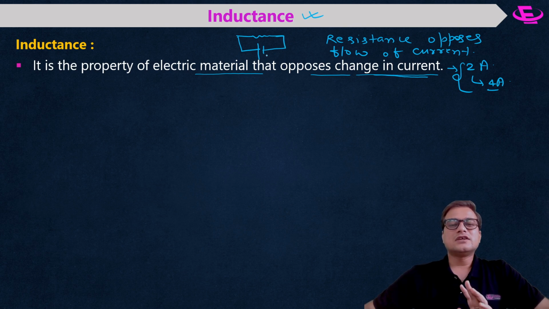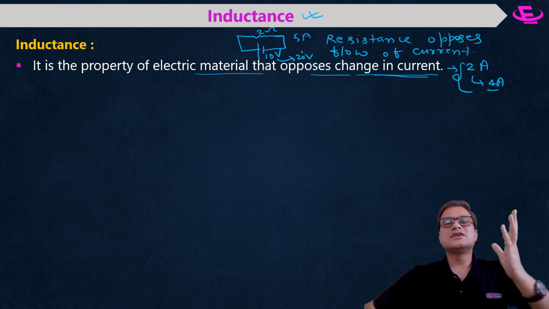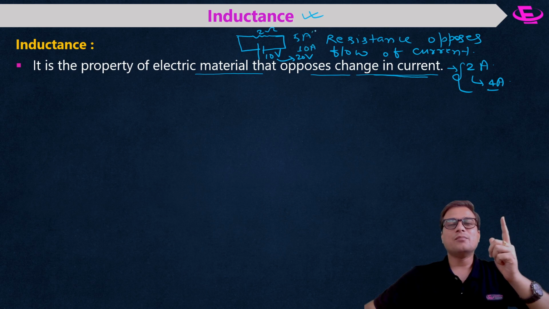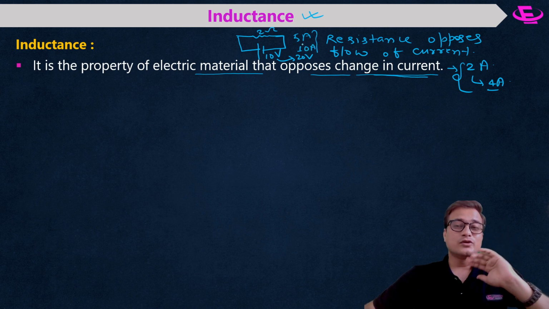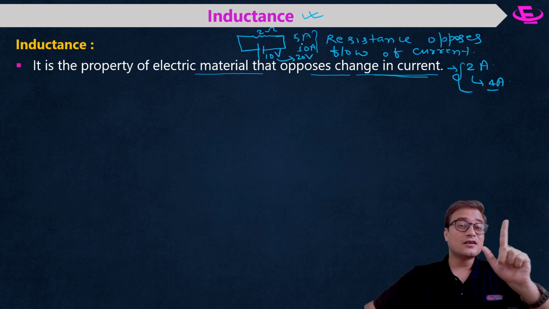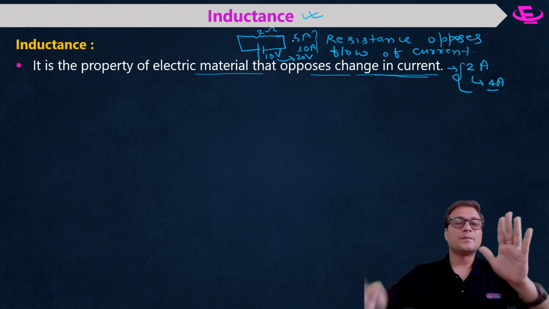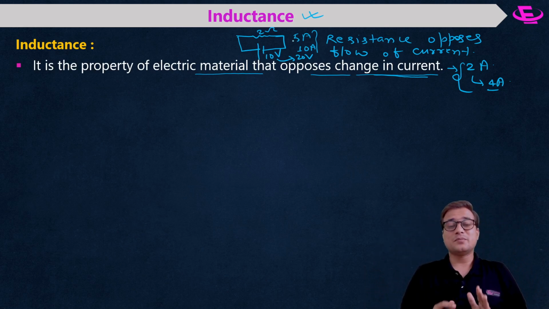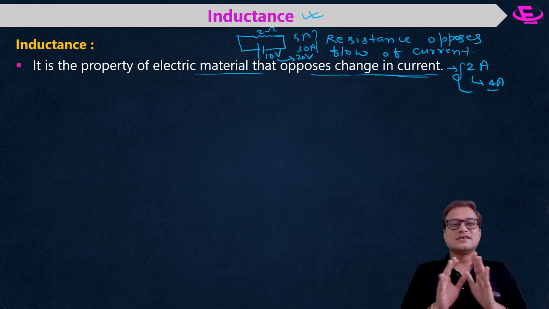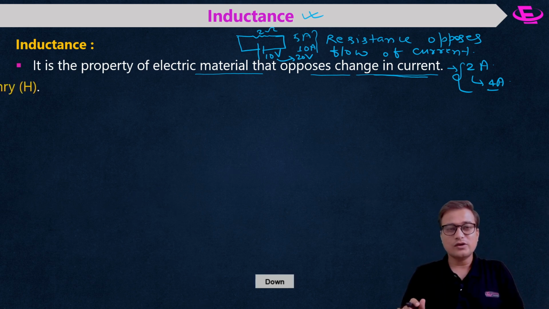If it is 10 volt and 2 ohm, current will be 5 ampere. If you change to 20 volt, the moment you change it, the current will become 20 by 2, that is 10 ampere. So resistance opposes flow of current, but it does not oppose change in current. That is the basic difference between inductance and resistance. I hope it is clear to you.